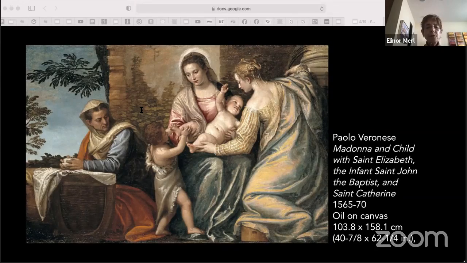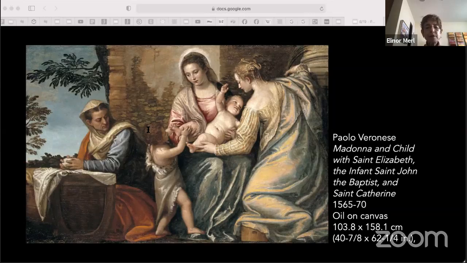Paintings including the Virgin, Child, and St. John the Baptist could be found in most wealthy households, personalized by the inclusion of saints who shared the names of the householders or of their families. So in this case, St. Catherine and Elizabeth may refer to the original owners of this painting.